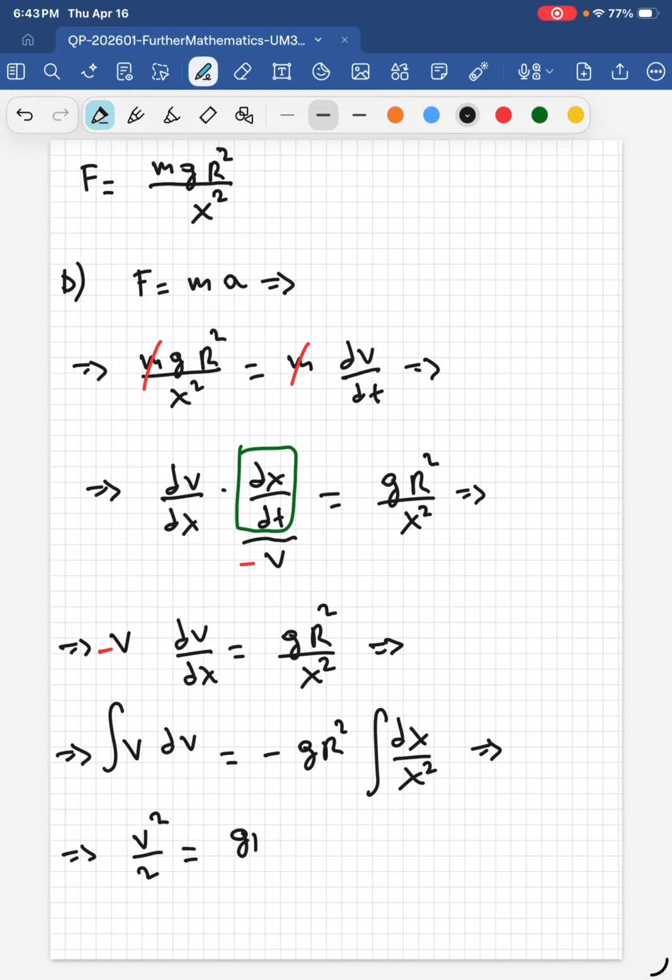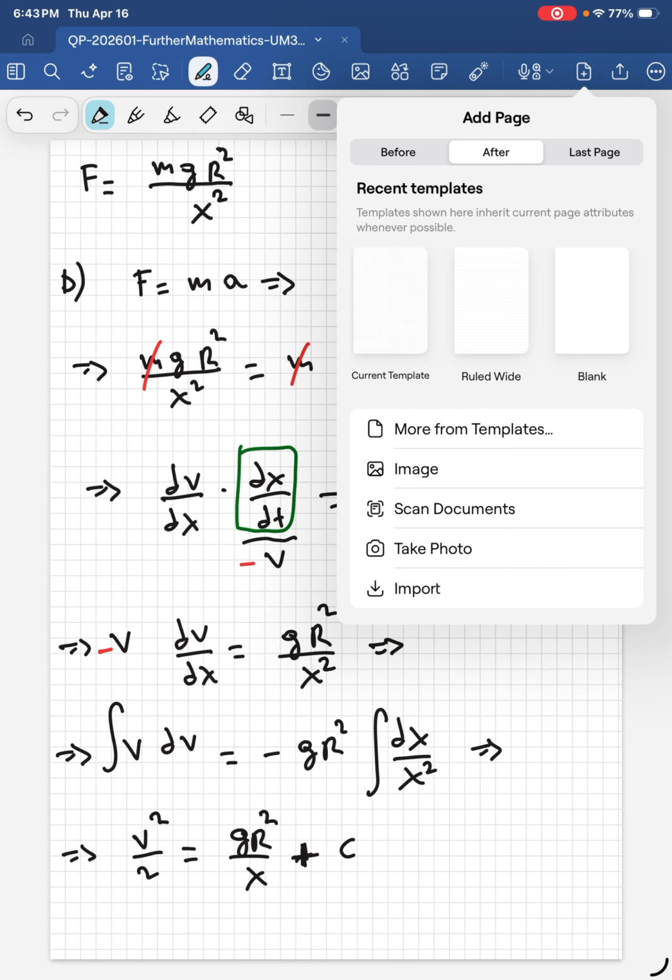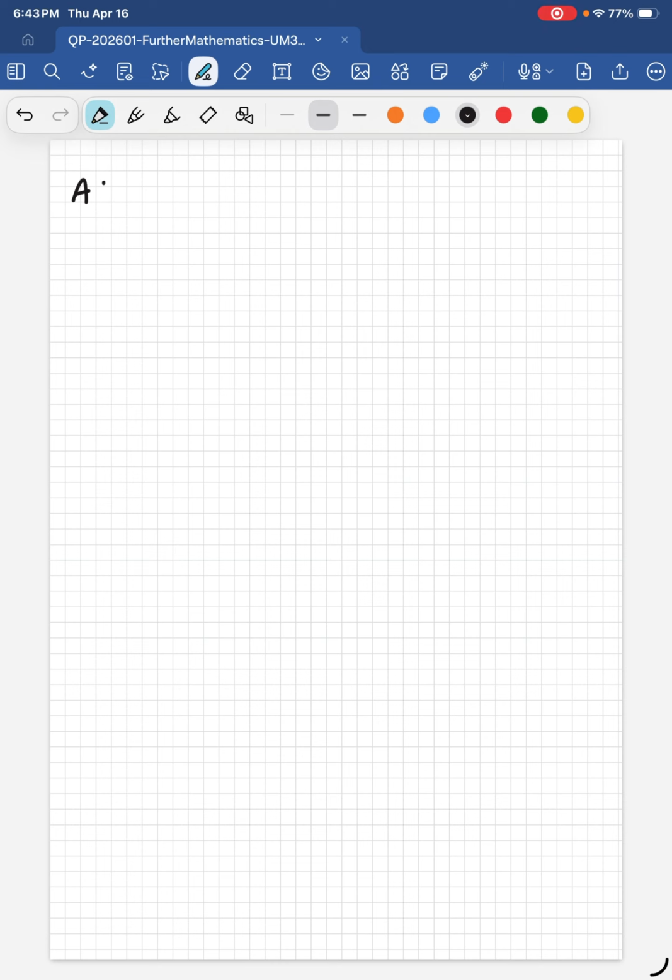Okay, so we actually found an equation for the velocity, but we have that annoying constant, but we are given one condition. We are given that at x equal to 3 times r, in the wording of the problem, we know that the velocity is equal to capital V, this one that they mentioned, okay?